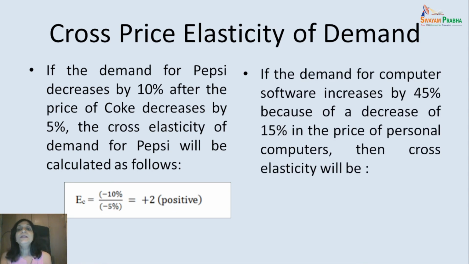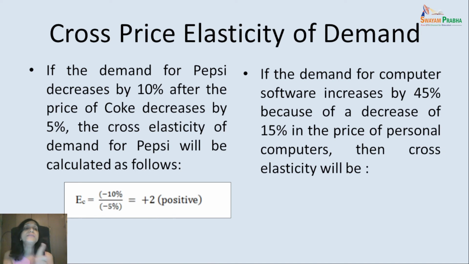Another example, if the demand for computer software increases by 45% because there is a decline in the price of computers. Because computers have become cheaper, if you want to run a computer, you need software in it. So software's demand increased by 45%. So you are comparing cross elasticity between what?